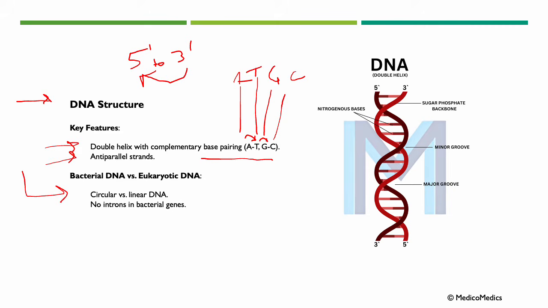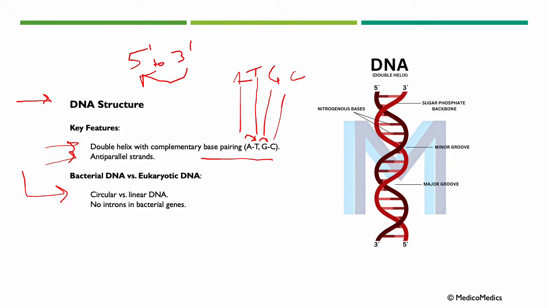Now, let's see the differences between bacterial DNA and eukaryotic DNA. Let's first look at structure. Bacterial DNA is typically circular, while eukaryotic DNA is linear and organized into chromosomes.